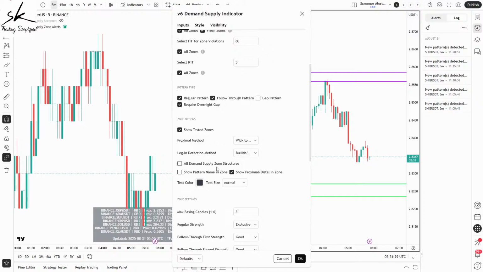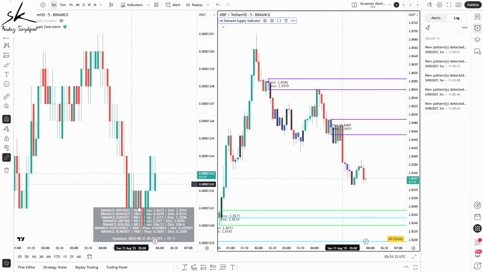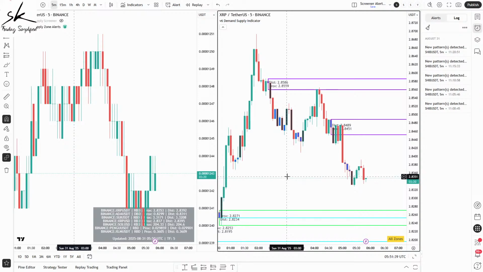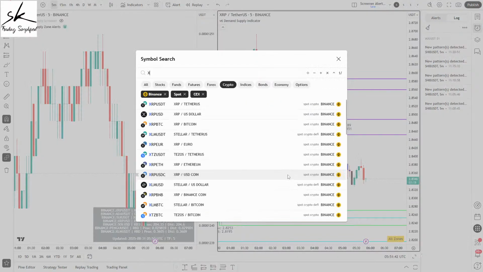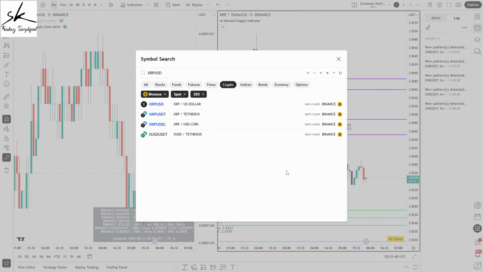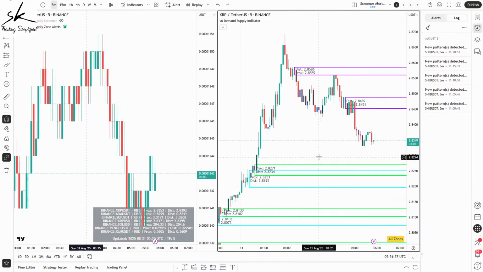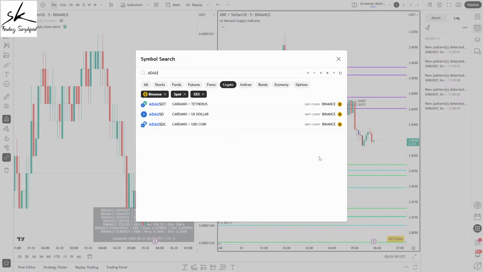Let me see, it's XRP USDT Binance. Okay, let me just see the ADA US.